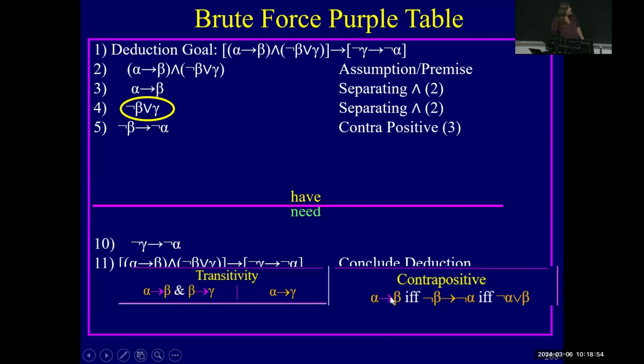The other way we can think about it is, if alpha implies beta, then when is this true? Well, if alpha is false, then if the left-hand side is false, then it's automatically true, right? And if the right-hand side is true, then the implies is automatically true, right?